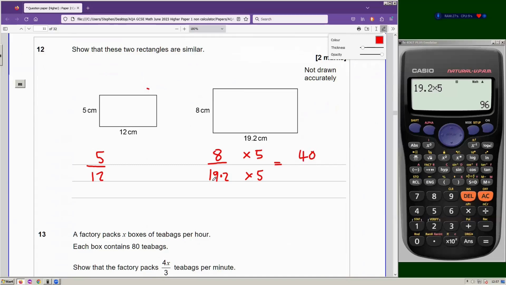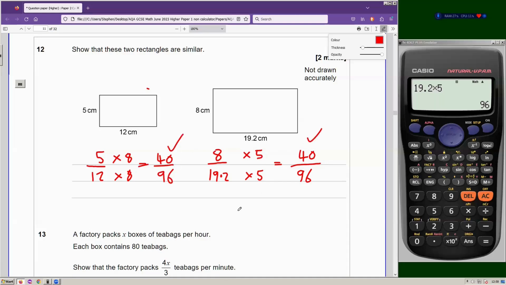If we divide this 2, it's going to be 96. 5 19.2s. Yeah. And this one would times by 8, times 8 equals 40/96.